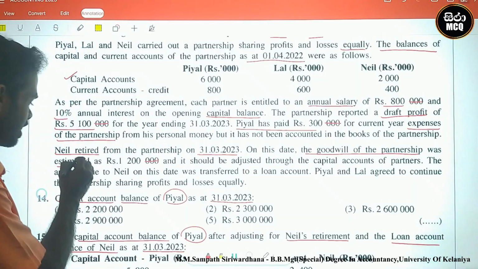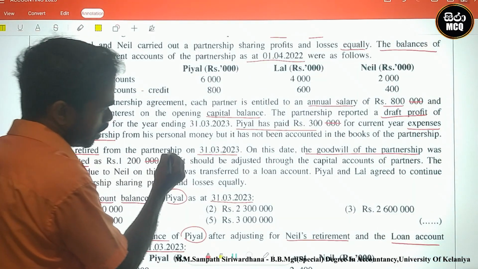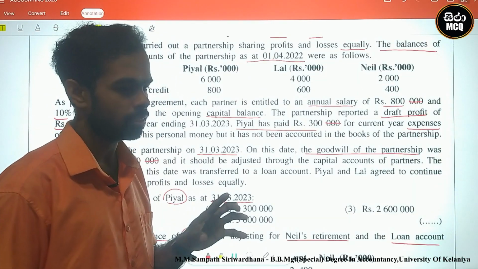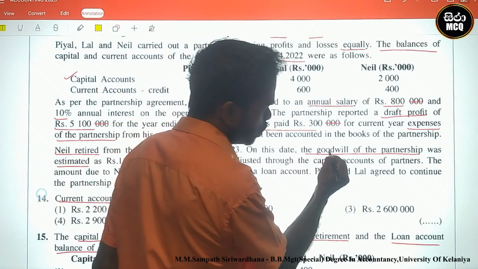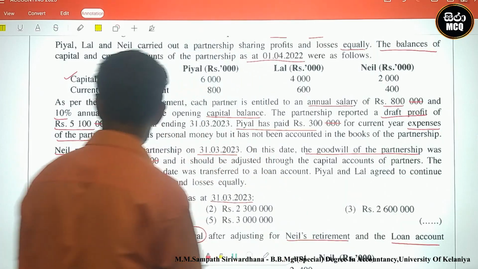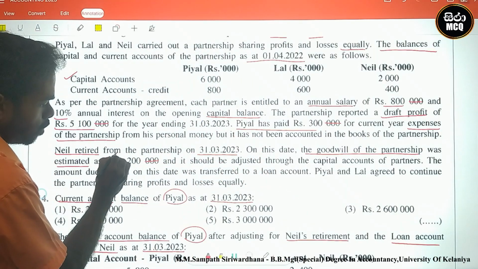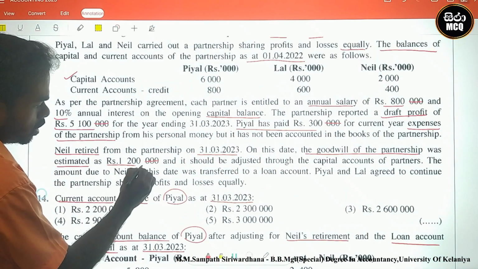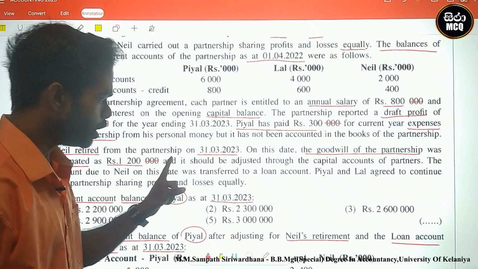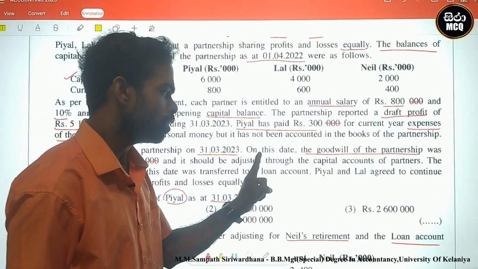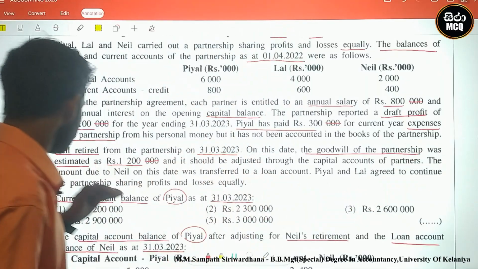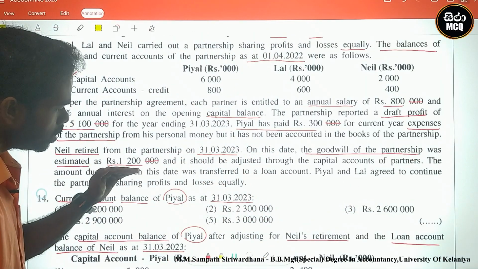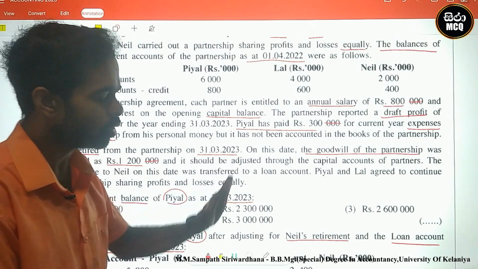Let's see the question. Neil retired from the partnership on 31st March 2023. This is the closing date. On this date, goodwill of the partnership was estimated at 1.2 million, that is 1,200, and it should be adjusted through the capital accounts of the partners. The amount due to Neil on this date was transferred to loan account.